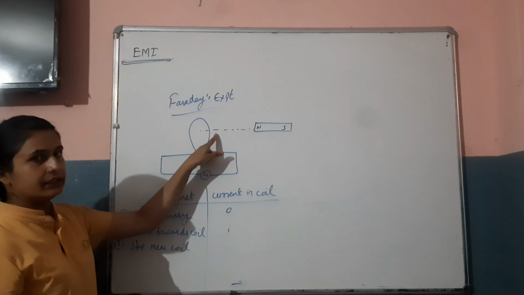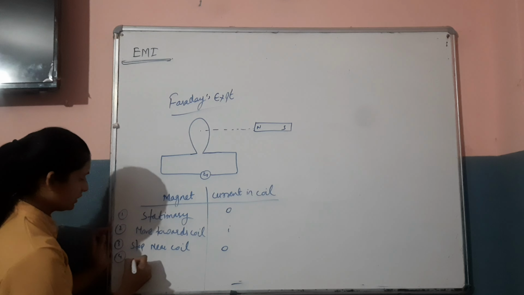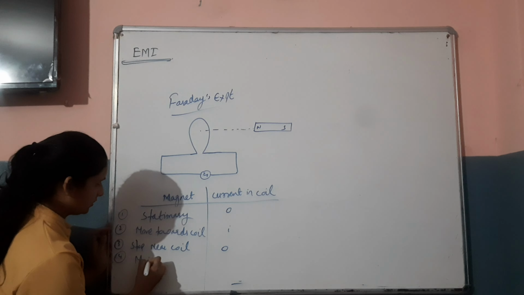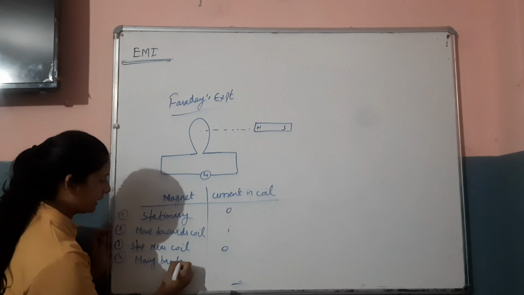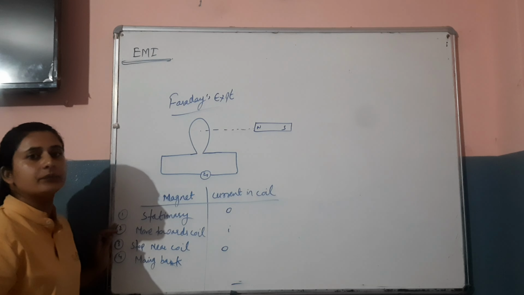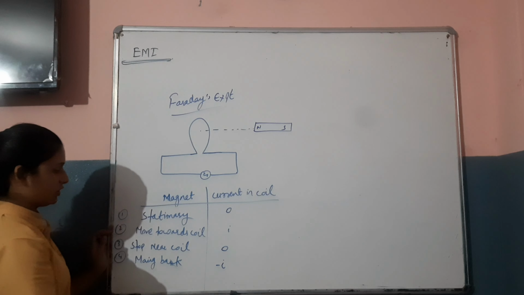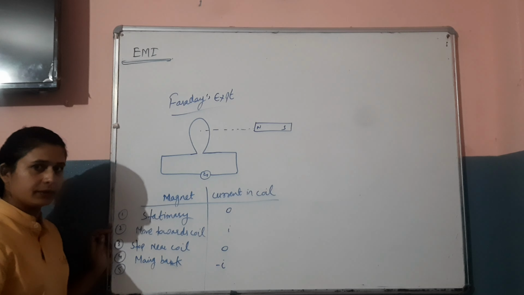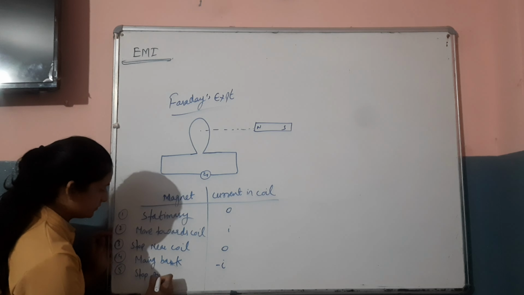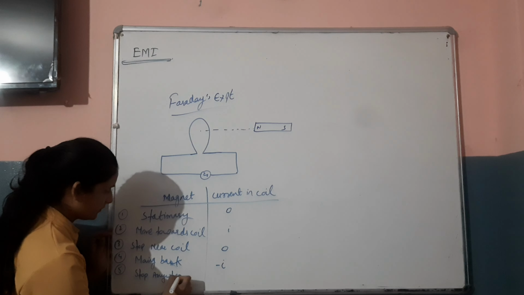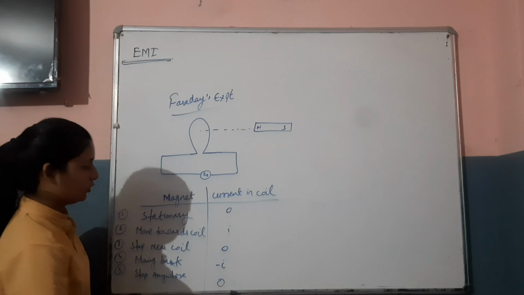We just stop the magnet near the coil, then there is no current. And in the fourth step, moving back, we just move this magnet away from the coil. Now there is a current, but it is in the opposite direction. In the fifth step, stop the magnet anywhere. We stop the magnet anywhere, then there is no current.